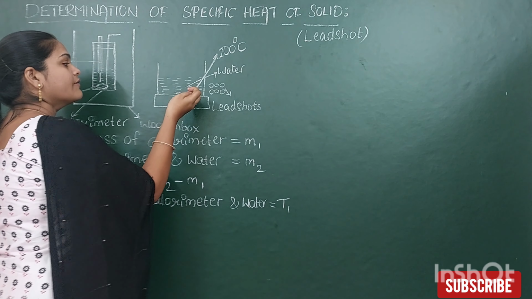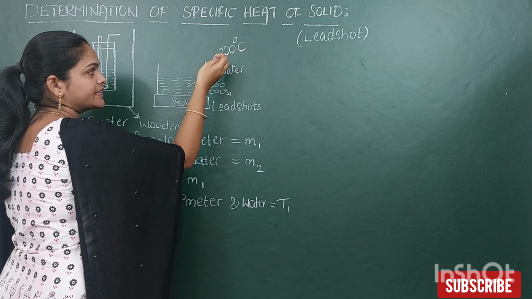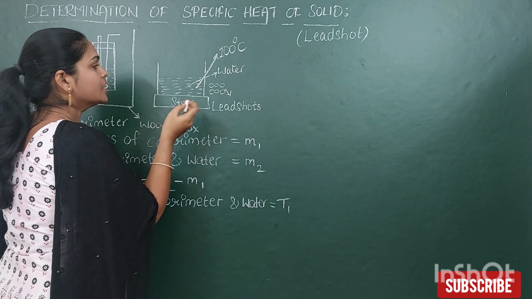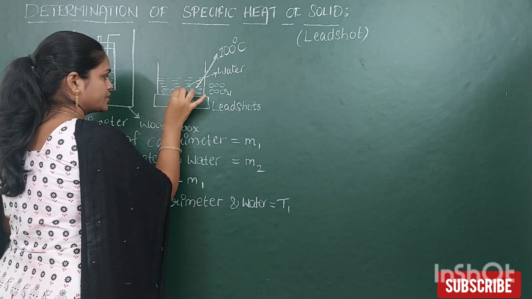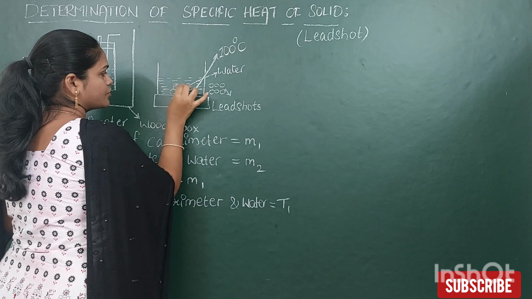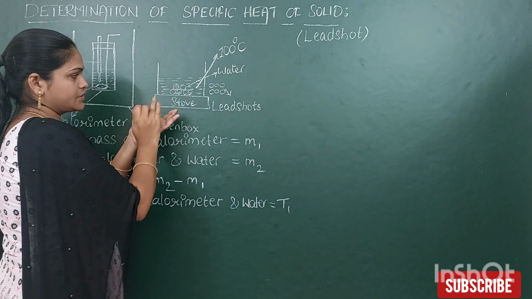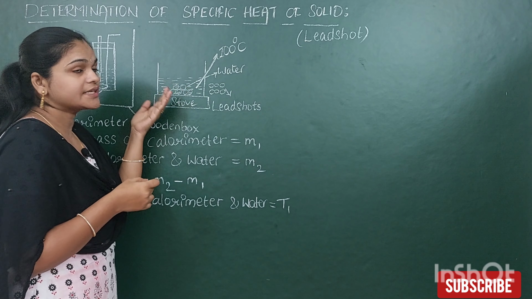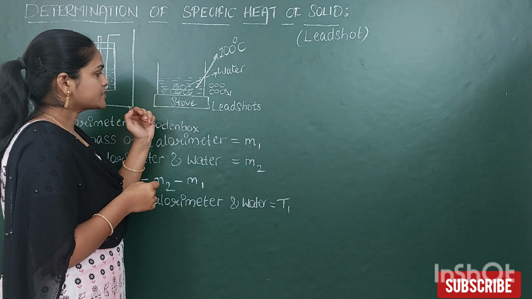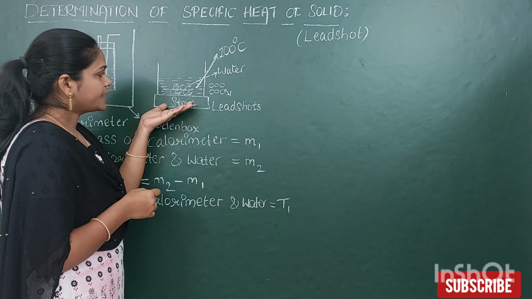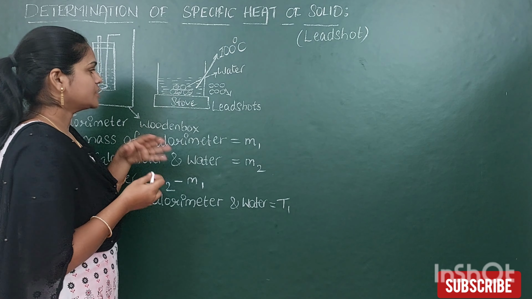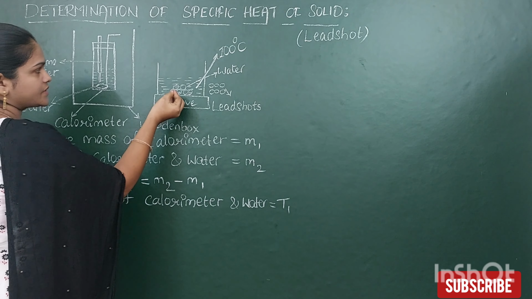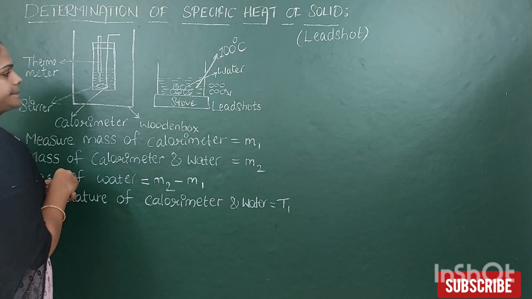When the water reaches 100 degrees and steaming is happening, you place these lead shots into this water. What happens? The lead shots also gain that 100 degrees Celsius temperature. Then immediately, without any lid, take the lead shots and put them into this calorimeter.